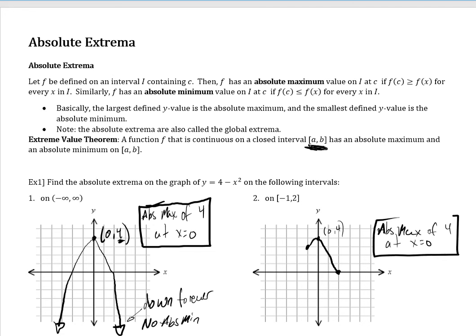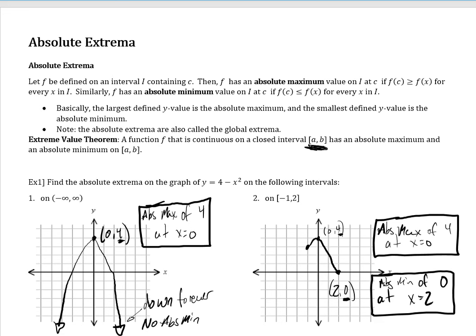And our absolute minimum is the smallest defined y value. Just look as far down as you can, and it happens to be at 2, 0. So our y-coordinate there, that's the smallest, is 0. So we have an absolute minimum of 0 at x equals 2. If you have defined points, it is just the biggest y value and the smallest y value.